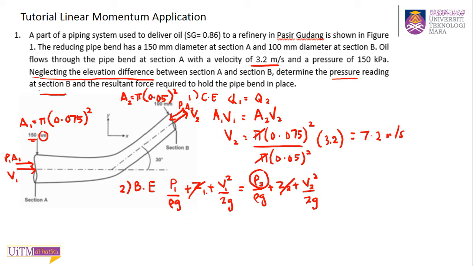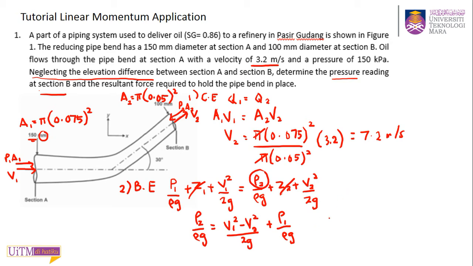So you can arrange your equation. You want to find P2, so P2 over rho G equals V1 squared minus V2 squared over 2G plus P1 over rho G. So this is your equation, and you can simplify this.